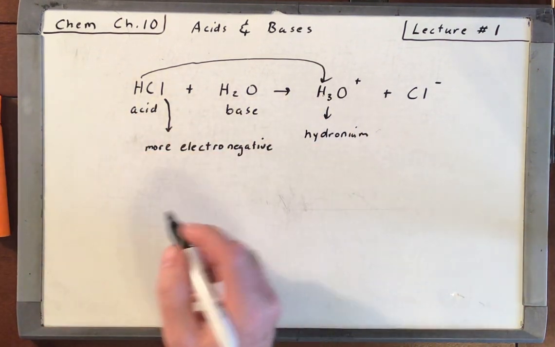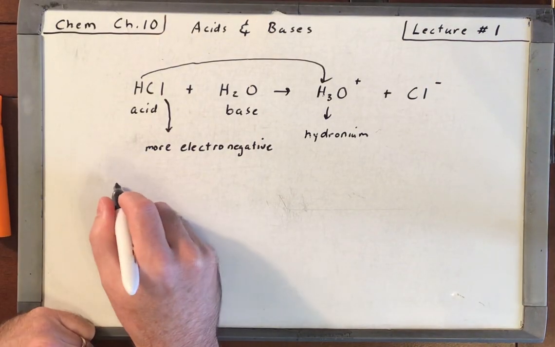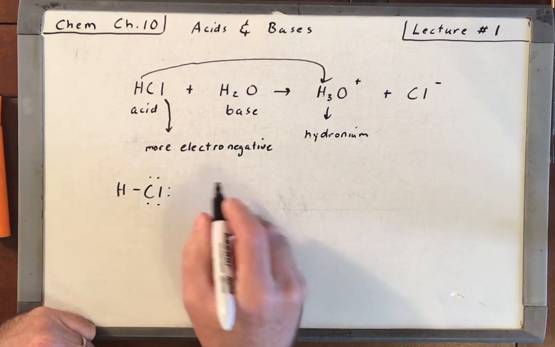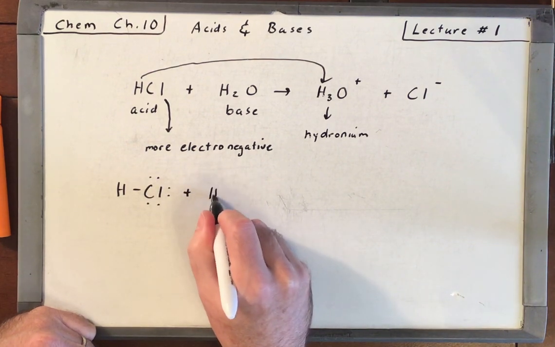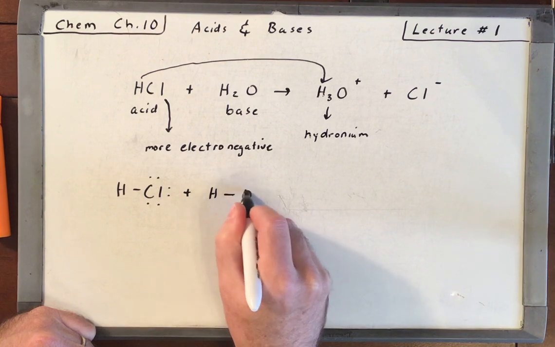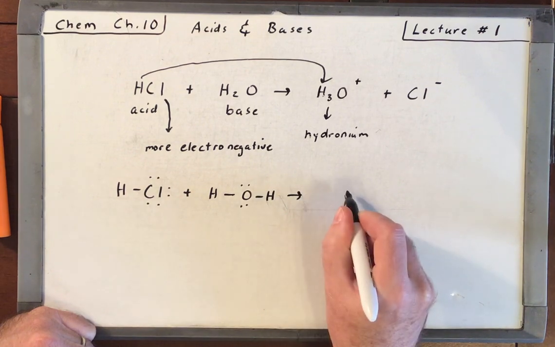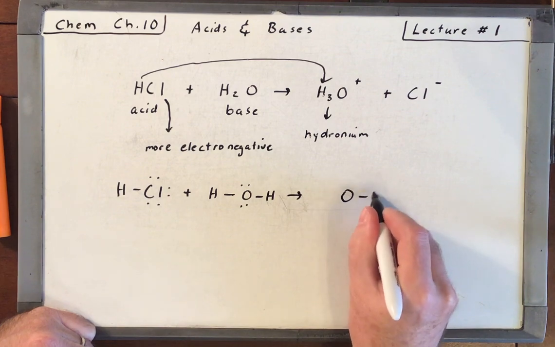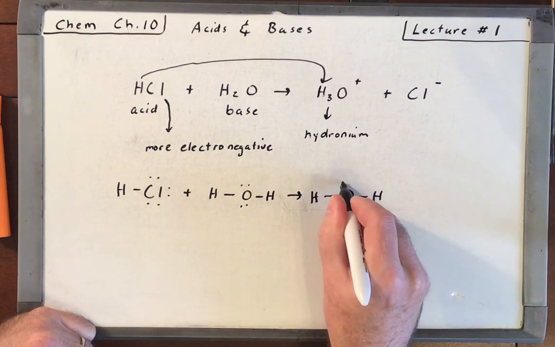Let's draw that reaction out as a Lewis structure. I have space here for you to do this on the notes. We know that HCl would look like this, from chapter 8 and chapter 9. We're not going to draw the shapes, just regular Lewis structures. Our water would be like that. And for H3O plus, oxygen would be in the center, with single bonds and still one electron pair.